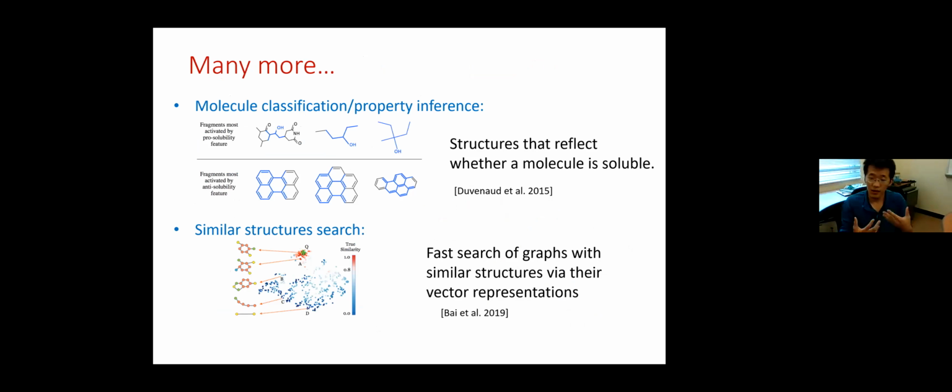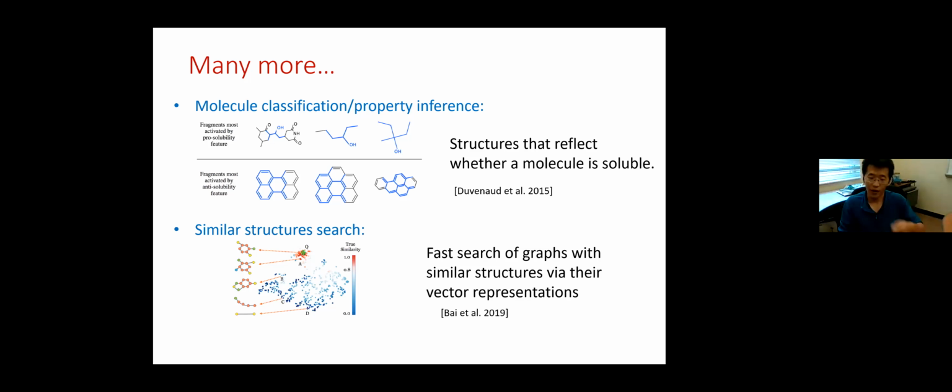And more than that, we may also use graph representation learning to get the representation of entire graph structures, such as molecules, so that we can use this representation to predict their properties or maybe classify these different types of molecules.